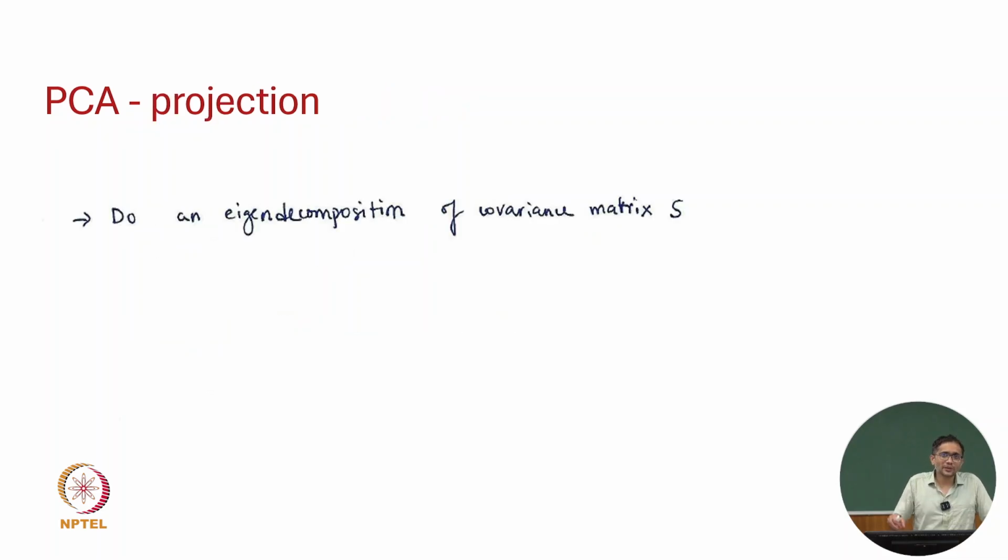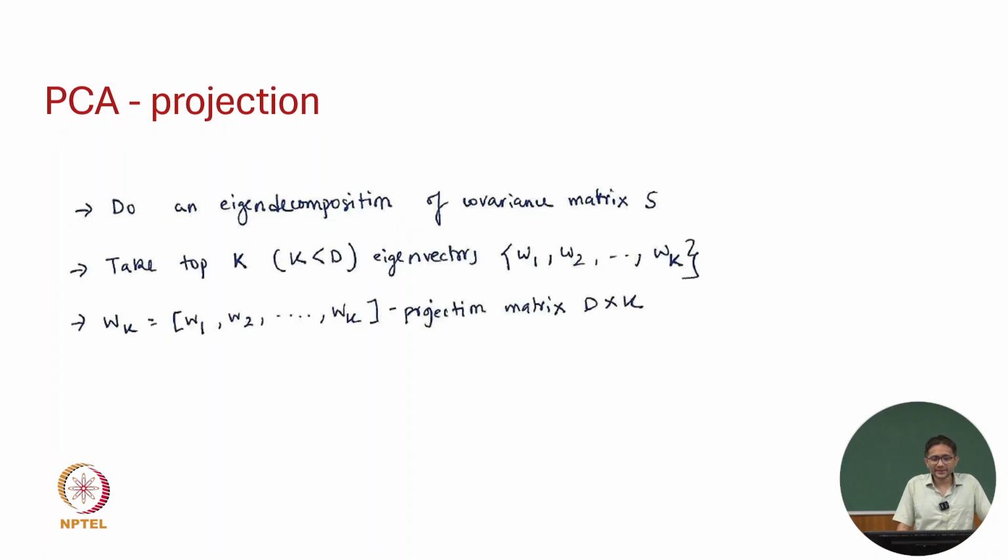Given this matrix, we will do an eigen decomposition. Once the eigen decomposition has been done, we take the top k eigenvectors. Let's call them W1, W2, up to Wk. So we are getting this projection matrix, which is d cross k dimensional.